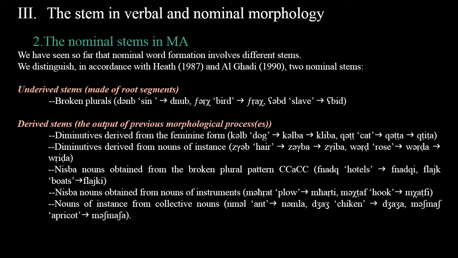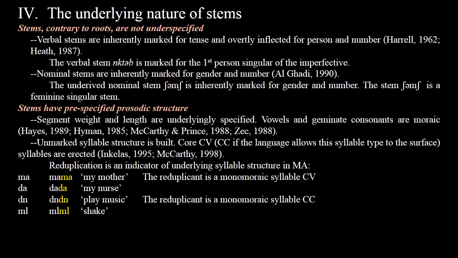Examples of word formation processes that make use of this type of stem: diminutives derived from the feminine form, diminutives derived from nouns of instance, nisba nouns obtained from the broken plural pattern CCACC, nisba nouns obtained from nouns of instruments, and nouns of instance from collective nouns.